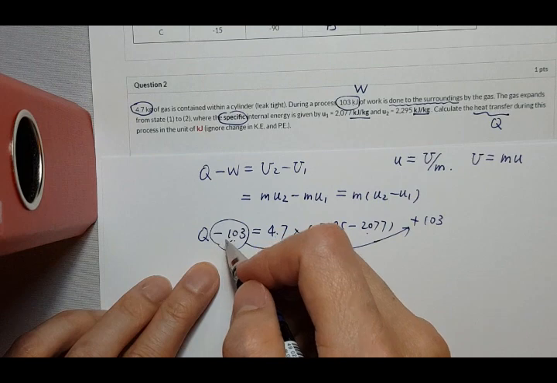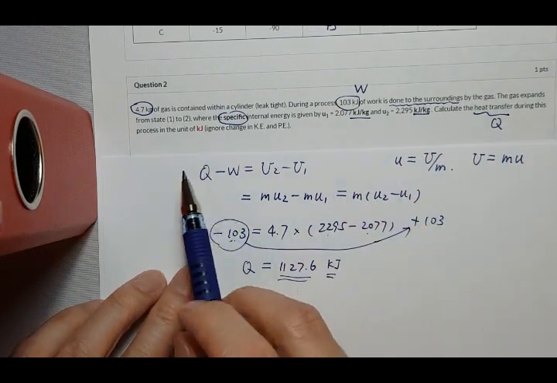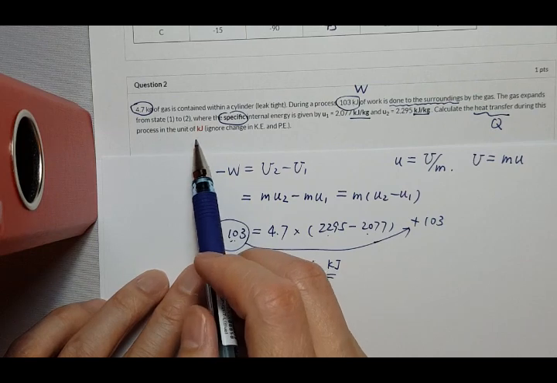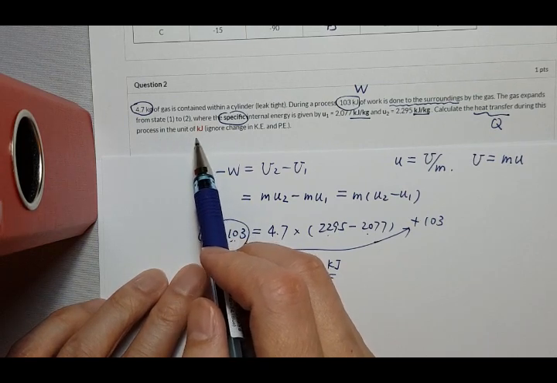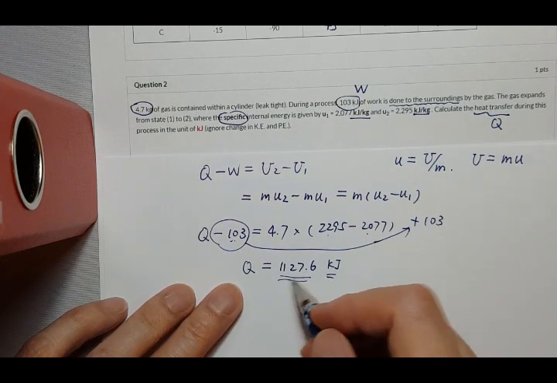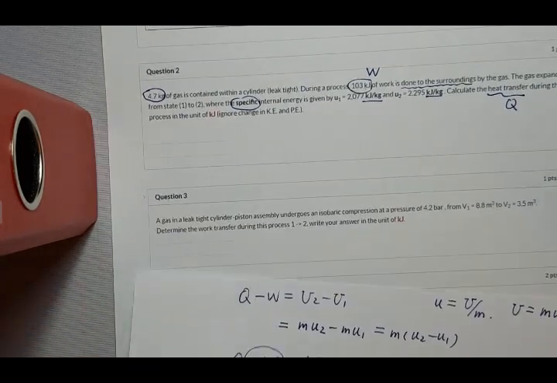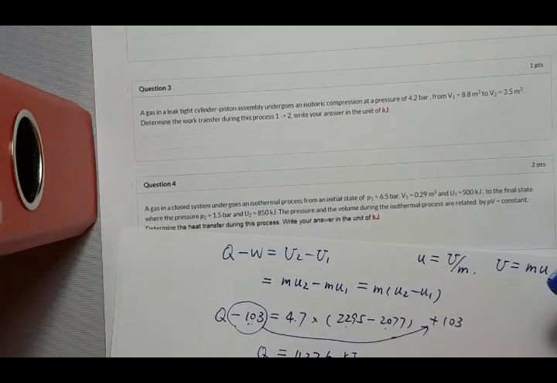So kilojoule plus kilojoule, finally this is also in kilojoule, which is exactly requested by the question itself. So you don't need to do any conversion on that value. So just put that value into the answer box. Right, okay, so this is question 2.